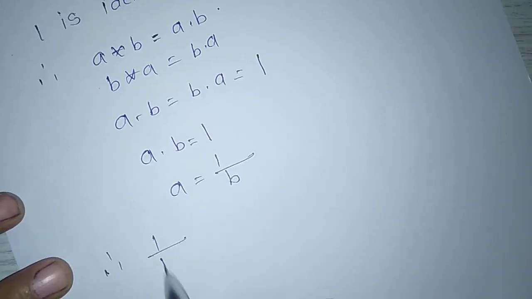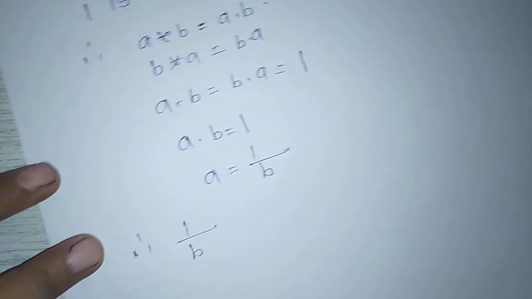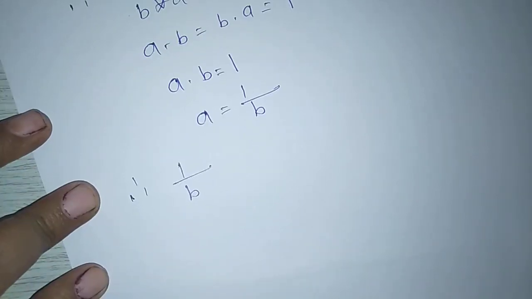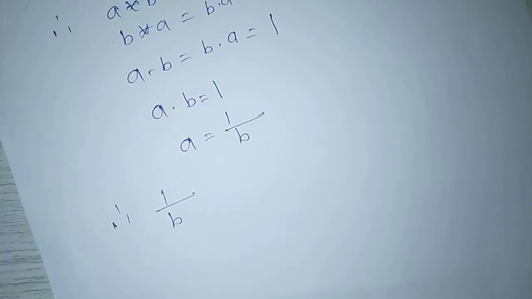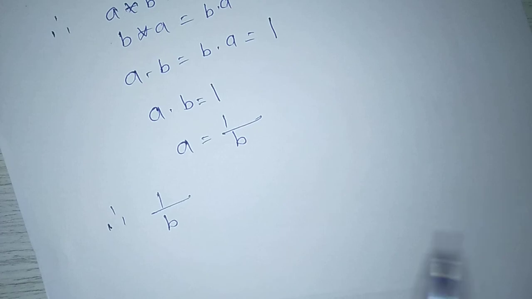Therefore 1 upon b is the multiplicative inverse of a.